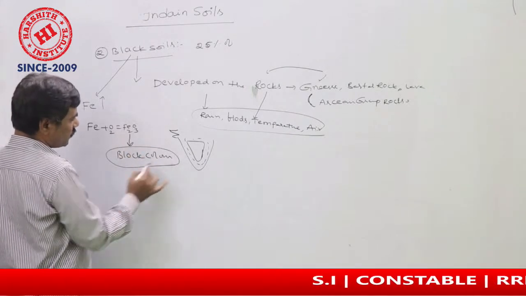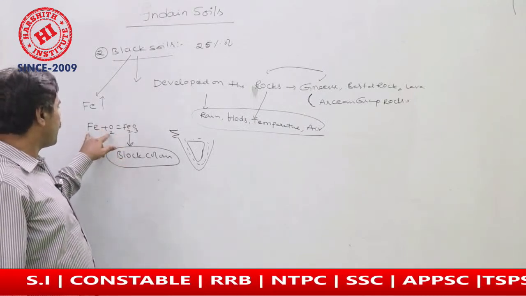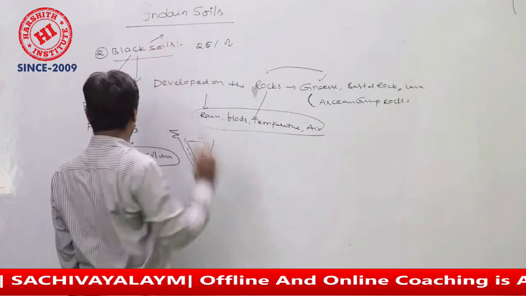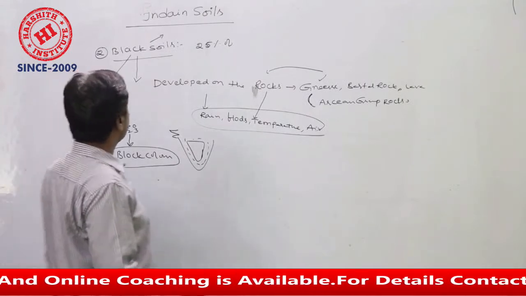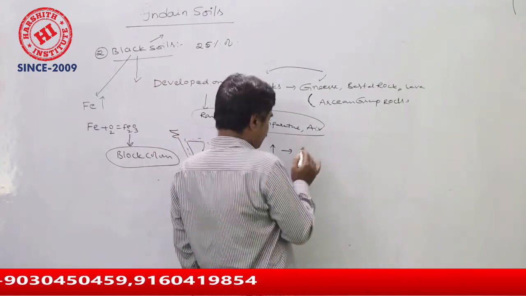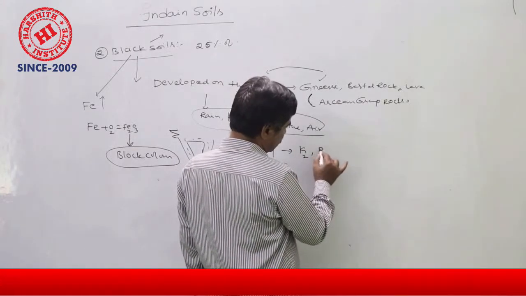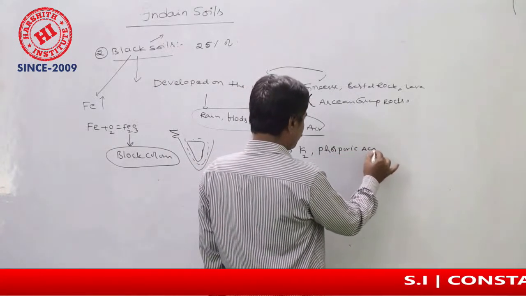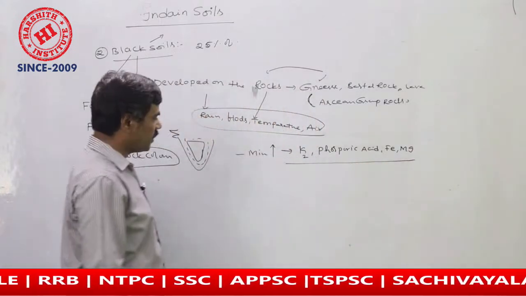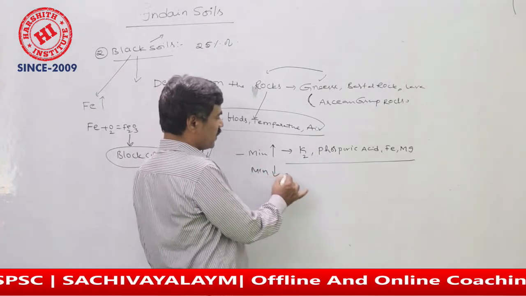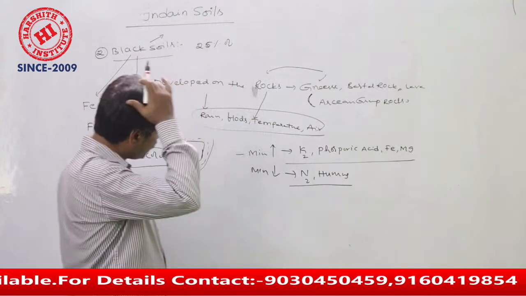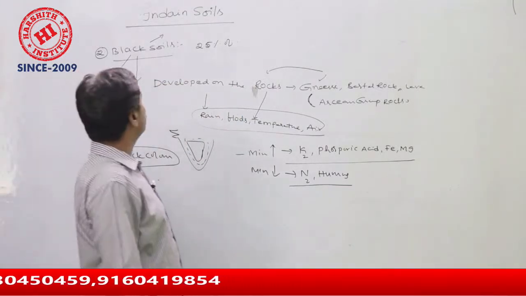So the color of this soil depends on the oxidization of the ferrous; iron is very important here. This black soil has the highest percentage of minerals like potassium, phosphoric acid, ferrous and magnesium. The least percentage is nitrogen and humus, both very low under black soils.